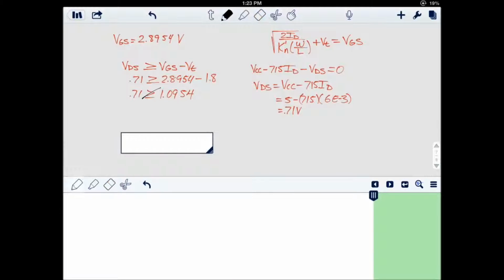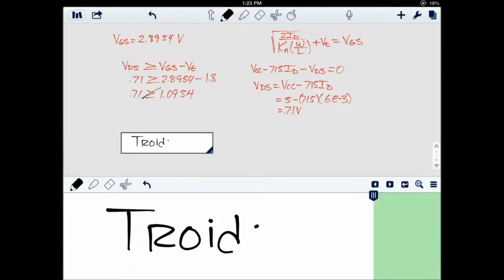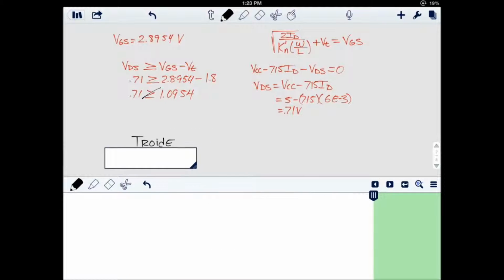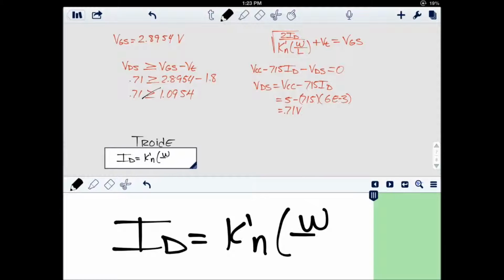So let's do it algebraically with the triode equation, which states that the current through the drain is going to be equal to all this.